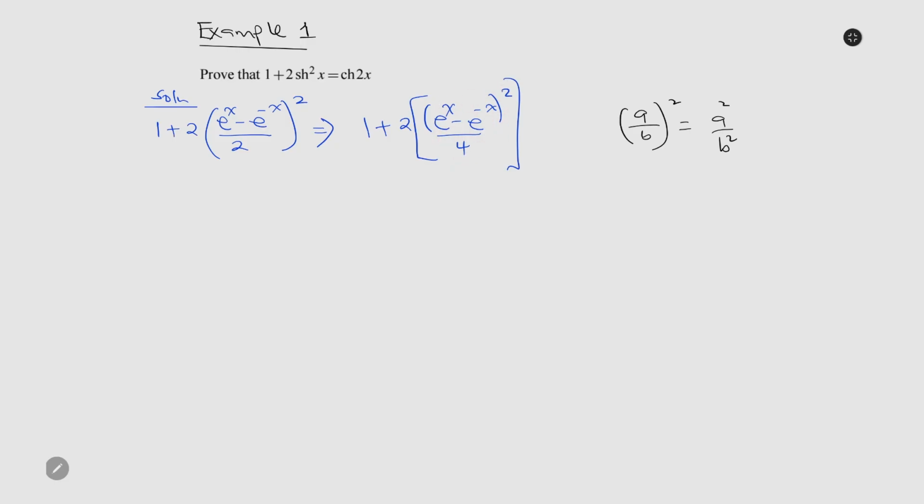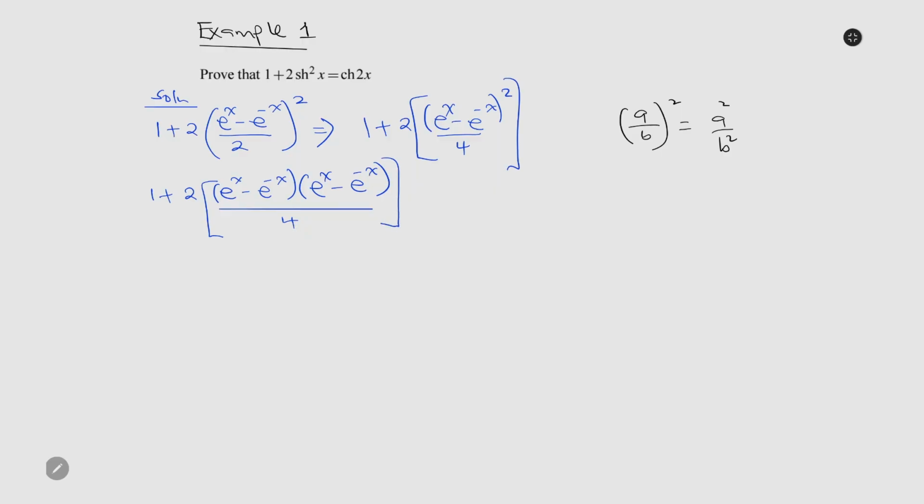Let me continue working that. So I will have 1 plus 2 into e^x minus e^(negative x), squared, which means multiplied by itself, all these over 4.